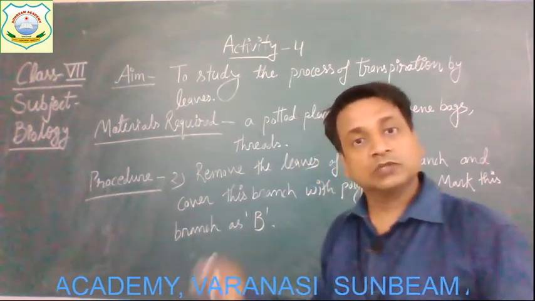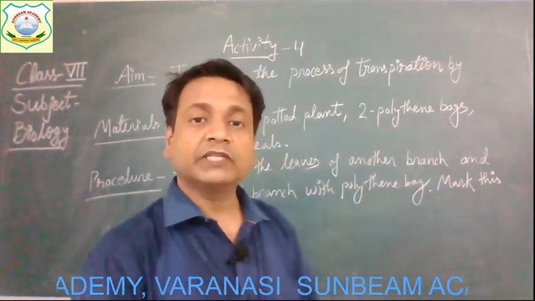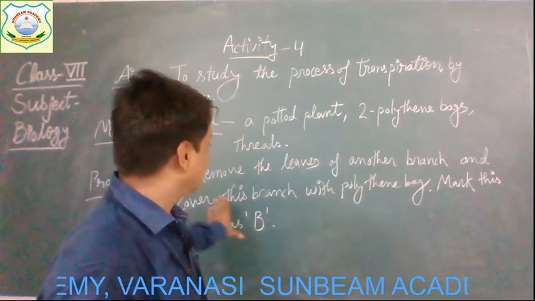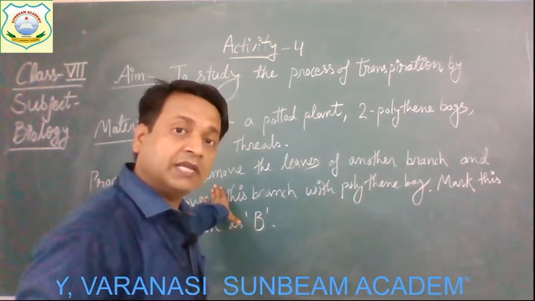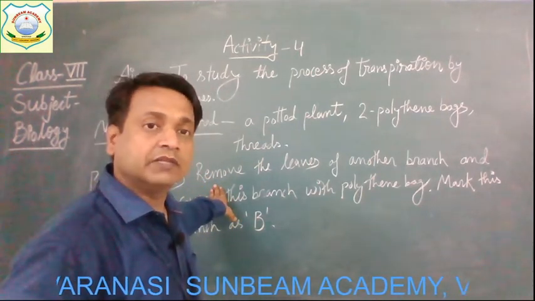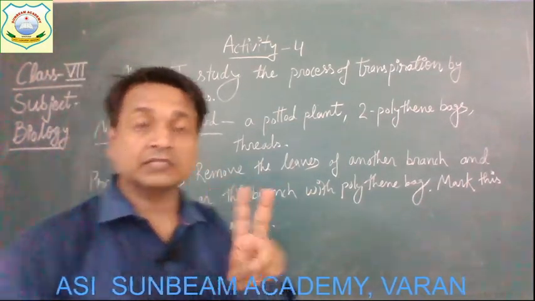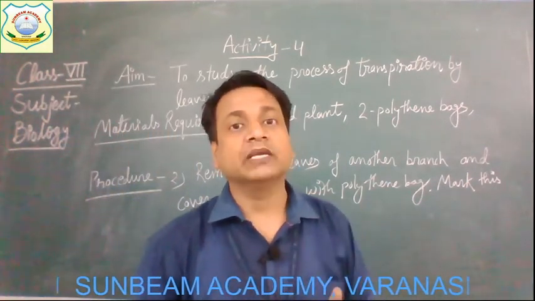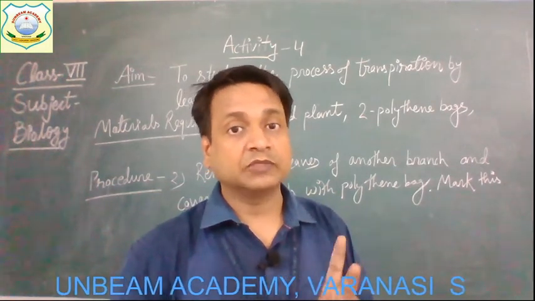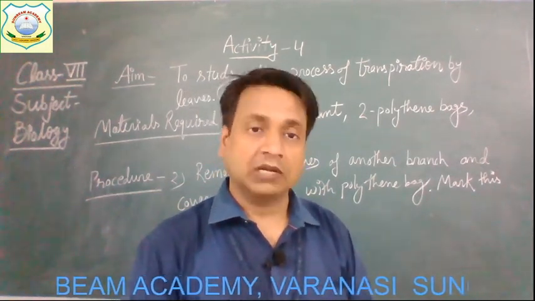Okay, children. So this is your second step, in which we selected another branch, removed its leaves, covered it with a polythene bag and marked it as B. So we have two branches, branch A and branch B. Branch A with leaves and branch B without leaves.